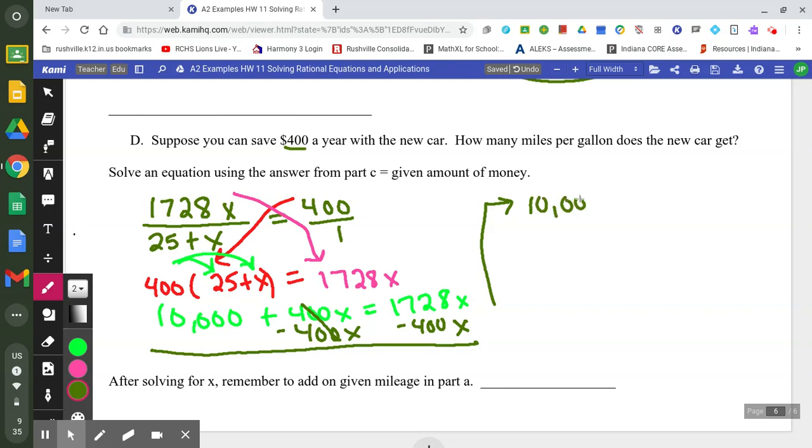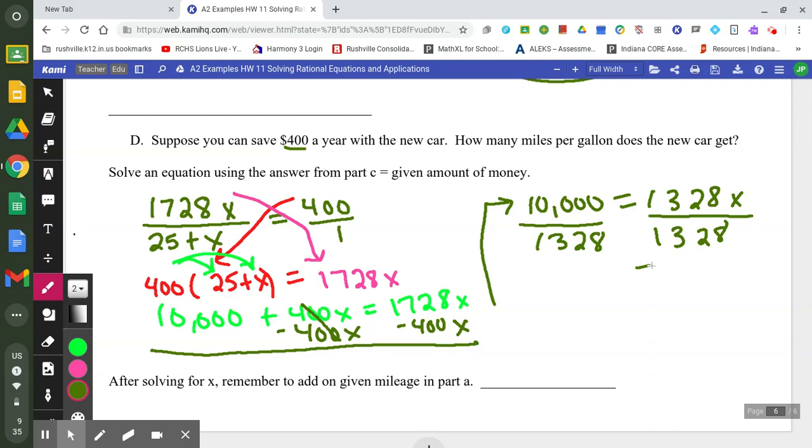So 10,000 equals 1,328x. Divide by 1,328 on both sides of the equal sign. And that's going to give me 7.53.